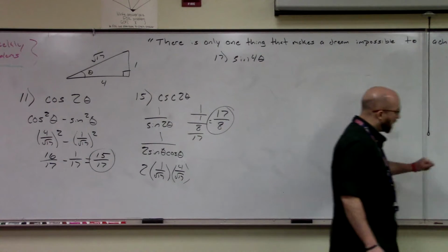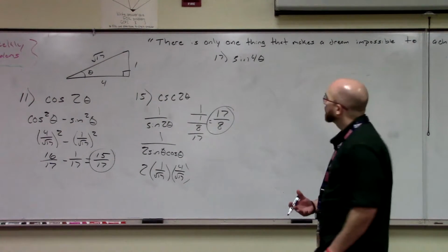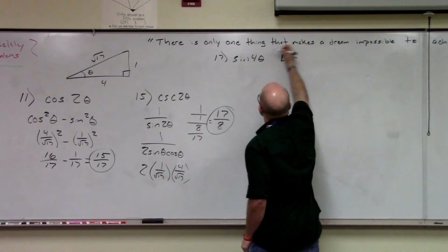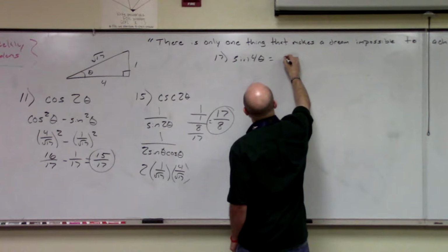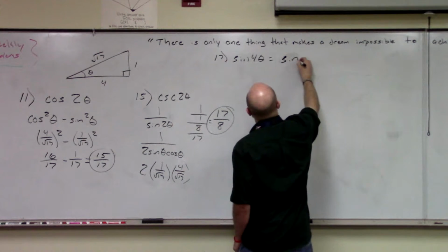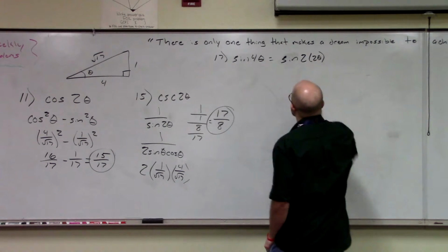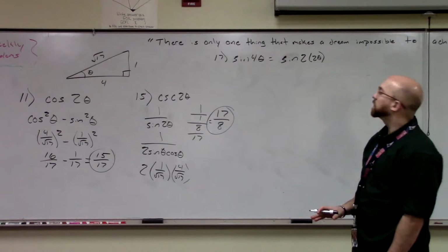Of course, we don't have a formula for 4 theta, but we can use some tricky substitution. Before I let that happen, I'm going to rewrite sine 4 theta as sine 2 times 2 theta. I can do that simple multiplication.